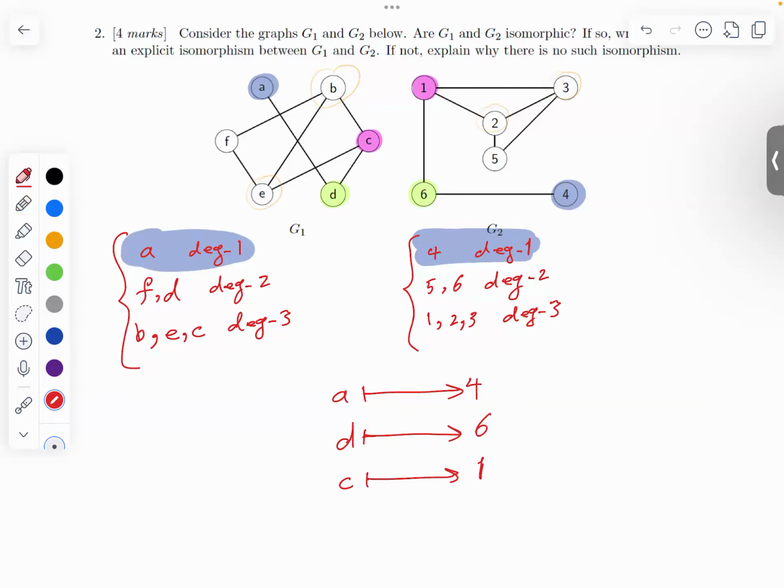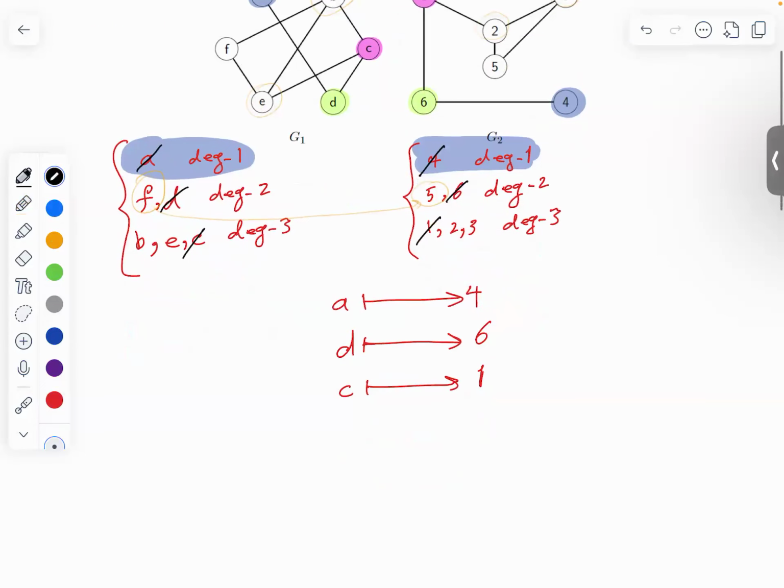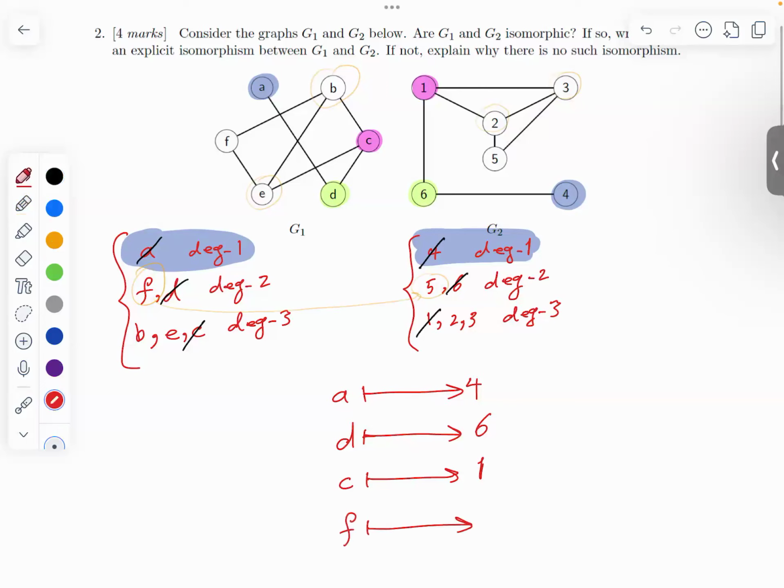However, we see that some strategy can ease the job for us. So we used A, D, C. So F, C, 1. Therefore this guy should go to 5. So I will write F goes to 5.